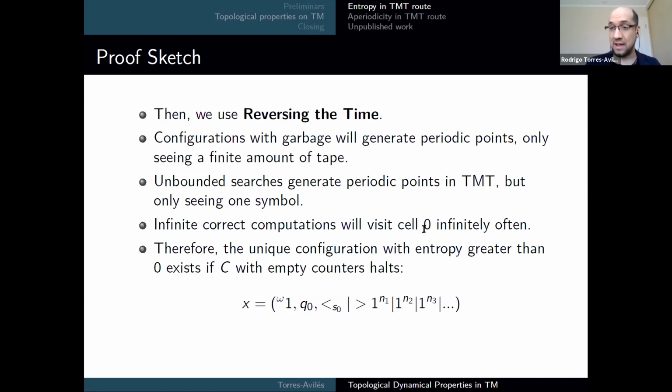If that is the case, we give n1, n2, n3, etc., all greater than the space needed to work until we reach the final state of machine C, and then we simulate machine C, finish the computation, find the next stick symbol and start again, and again and again. So if machine C halts, we can have this kind of configuration that has positive entropy. Then it's undecidable.